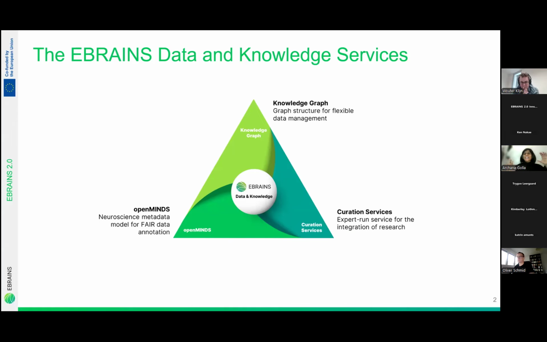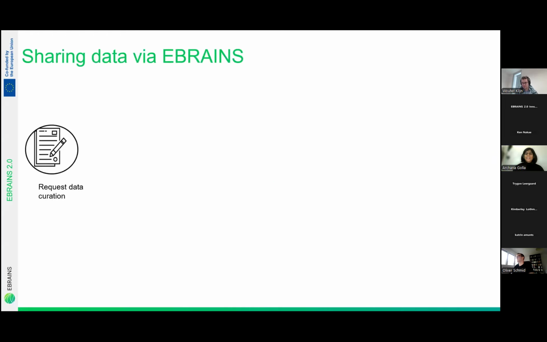but the data and knowledge services combine the knowledge graph, the openMINDS concepts, and the curation services, and all of these three components together enable that the data on eBrains is FAIR. And to share data via eBrains, we have a curation workflow that I will go through briefly. This starts with data providers requesting data curation, and they also submit their ethics and law compliance checks.